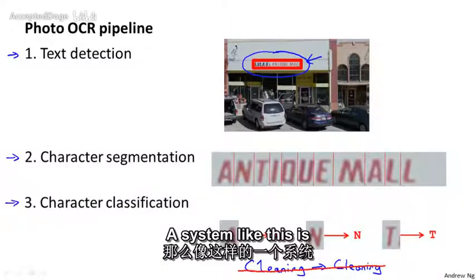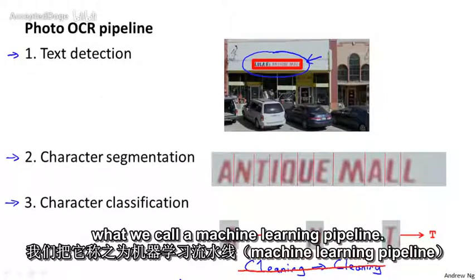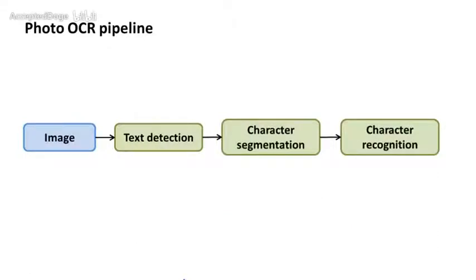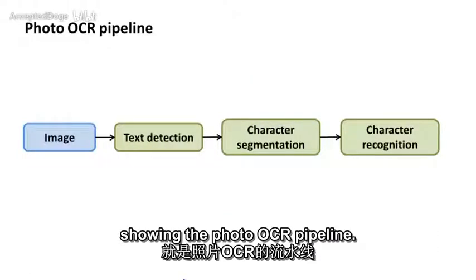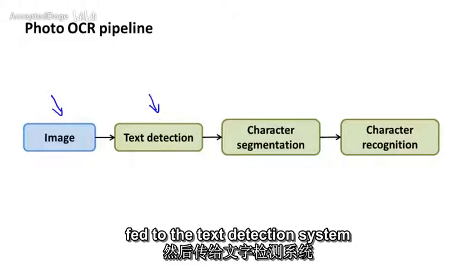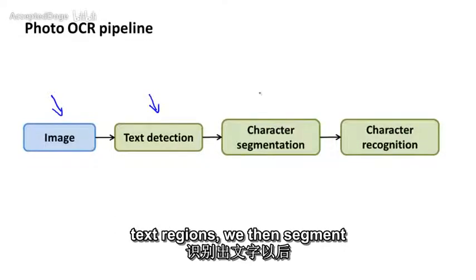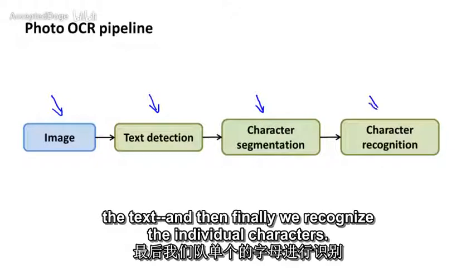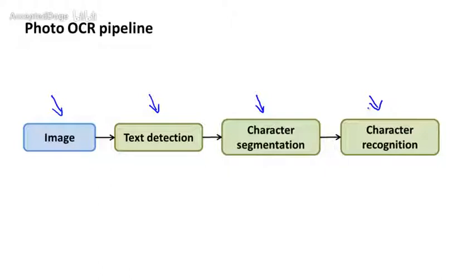A system like this is what we call a machine learning pipeline. In particular, here's a picture showing the Photo OCR pipeline. We have an image which is then fed to the text detection system, and having detected the text regions, we then segment out the characters, the individual characters in the text, and finally we recognize the individual characters.